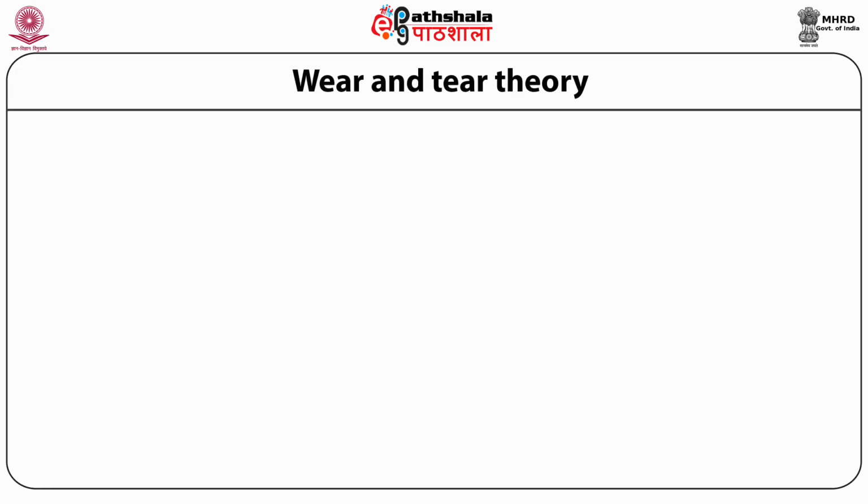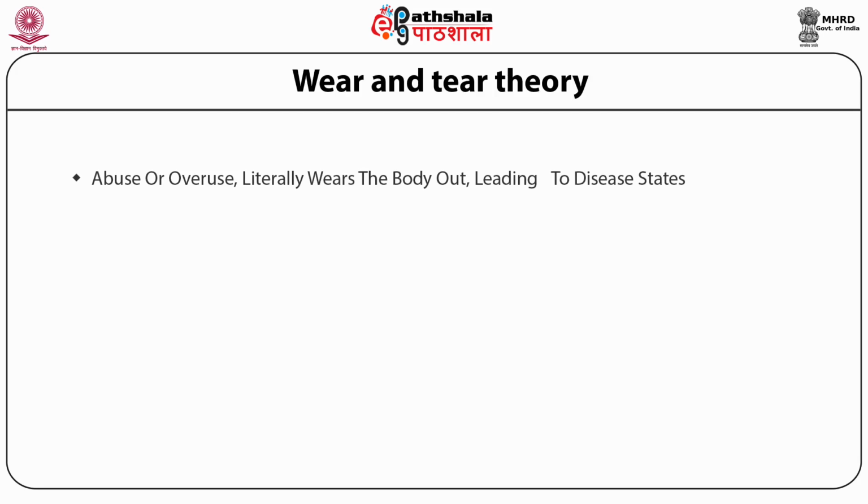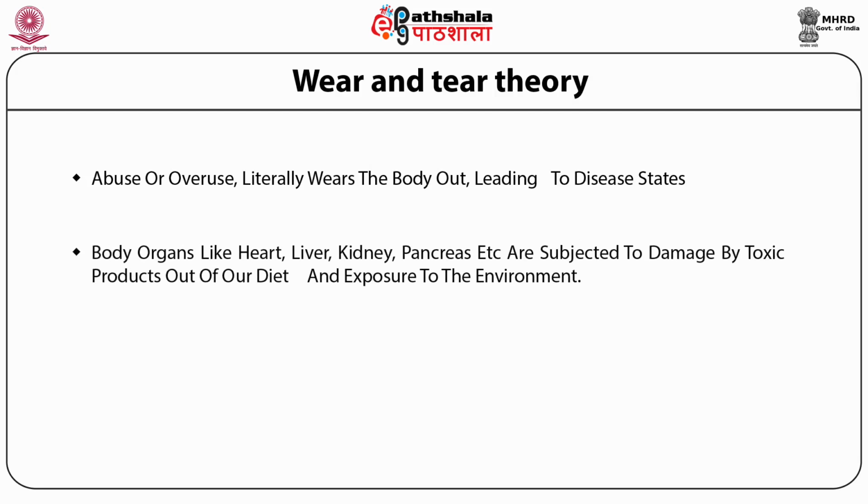Wear and tear theory. August Weismann, a German biologist, hypothesized that the daily breakup of life, in particular abuse or overuse, literally wears the body out, leading to a disease state. Body organs like the heart, liver, kidney, pancreas, etc. are subjected to damage by toxic products from our diet and exposure to the environment.